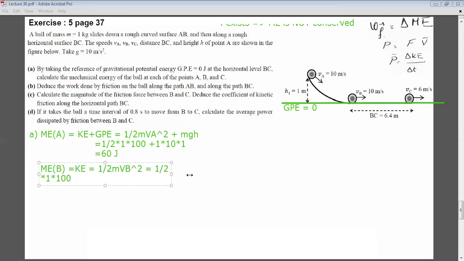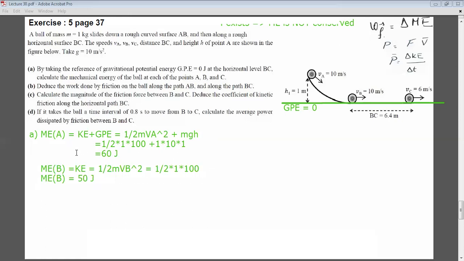So half times 100. So the mechanical energy at B is equal to 50 joules.